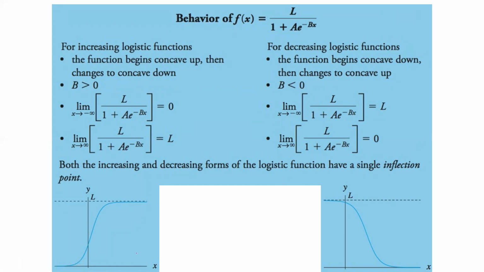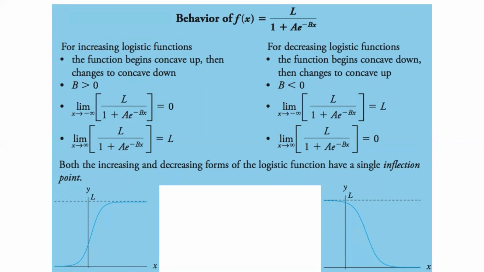So as we go to negative infinity, it goes to 0, and as we go to positive infinity, it goes to L for the increasing logistic function where b is greater than 0. Now, if b is less than 0 and it's a decreasing function, what happens? Then as we go to negative infinity, we're actually going to L this time, and so that's going to be our limit. And as we go to positive infinity, our limit is going to be 0.